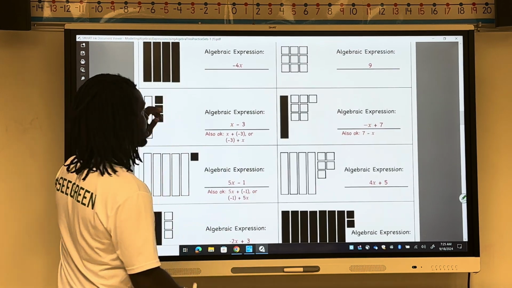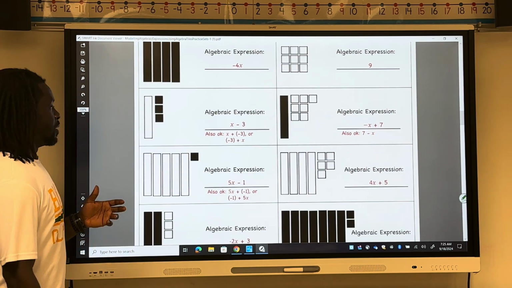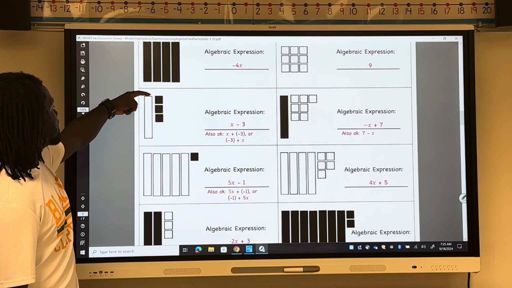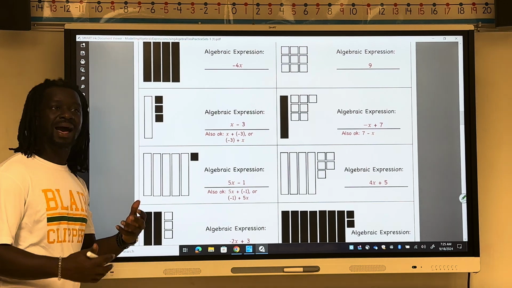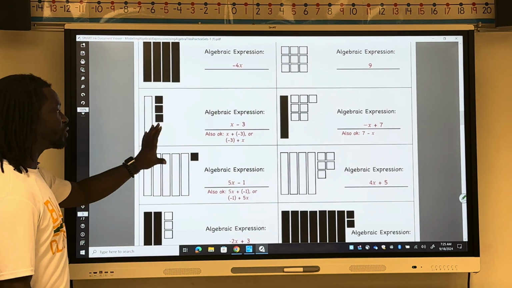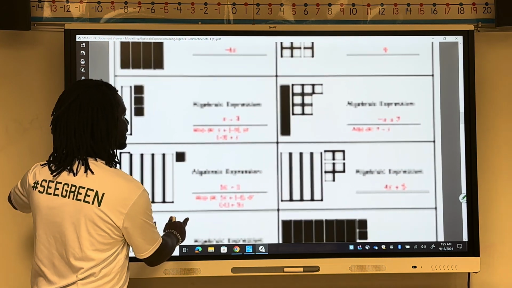Oh, you know what? I do want to mention this too. We don't always have to put the x's first and the constant after. It can be switched, okay? And so I want you to also know that. I think it would be helpful for you to at least go ahead and write that.